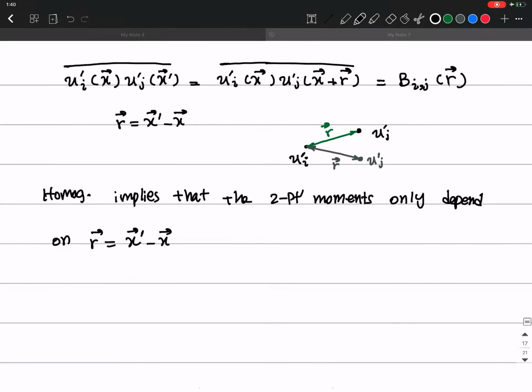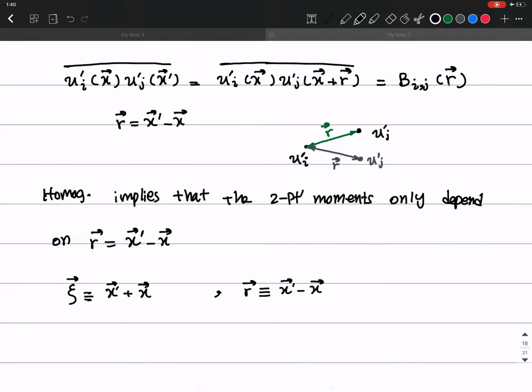Okay, so in order to do so, I define two sets of new variables. One is ksi. I define it as the sum of two vectors, x and x prime, so x prime plus x. And then r as their distance, which we already defined here. So it's going to be x prime minus x. Okay?